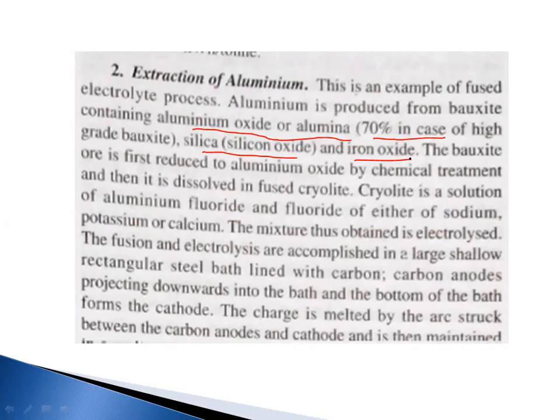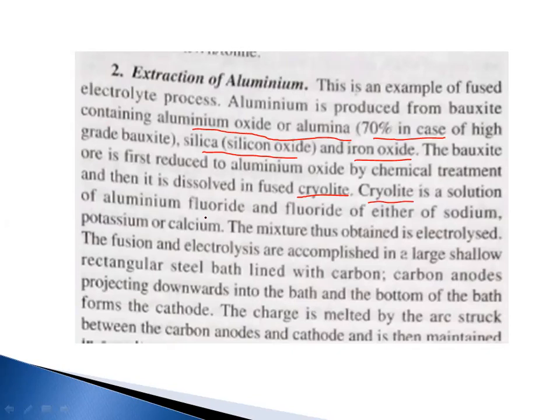The bauxite ore is first reduced to aluminium oxide by chemical treatment and then it is dissolved in fused cryolite. Cryolite is a solution of aluminium fluoride and fluoride of either sodium, potassium or calcium.